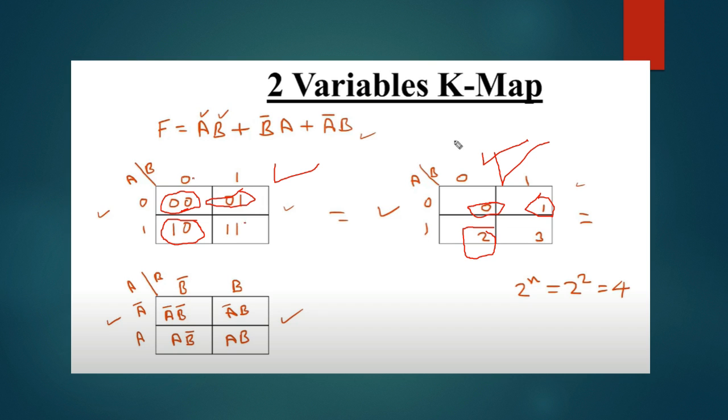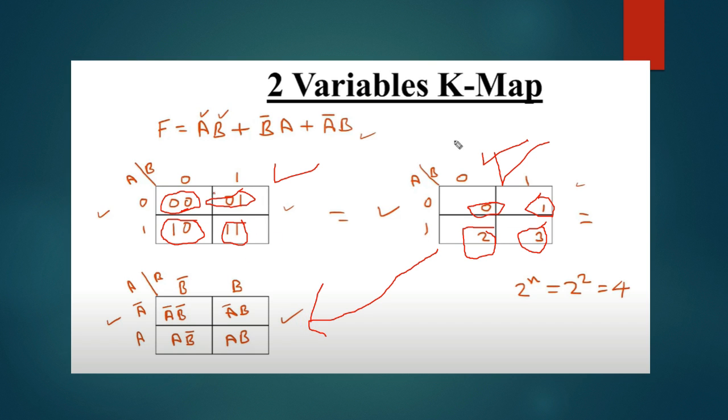Same goes for this one as well. When we have 11, 11 is equivalent to 3, and that's why this 3 is written here. Okay, so now you know that this table and this table are the same. Actually, this table is also equivalent to this one.